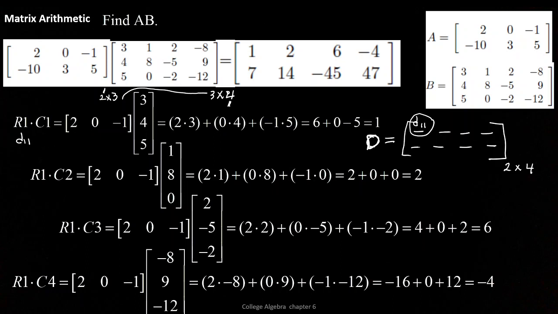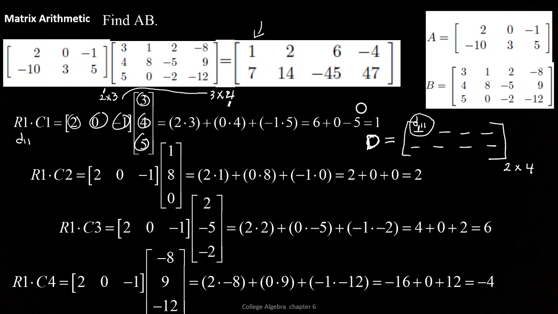This way. Multiply the corresponding entries like that. So 2 times 3, 0 times 4, -1 times 5, and then we add them. We get 1. So that entry right here has to be 1, which is right, we see it right there.